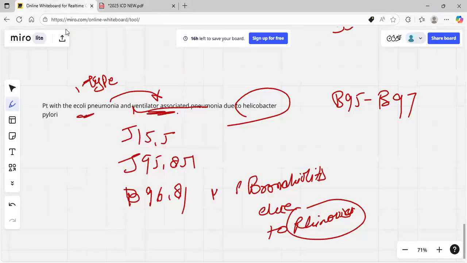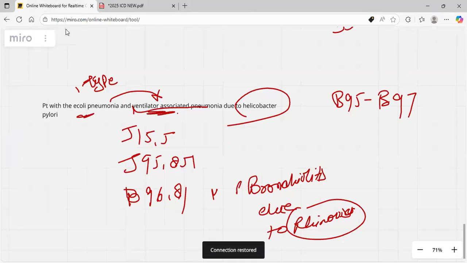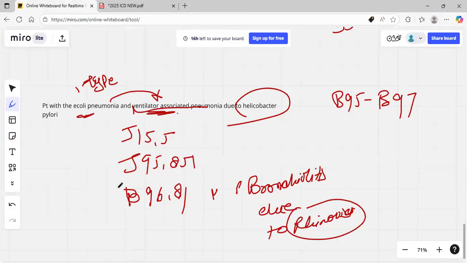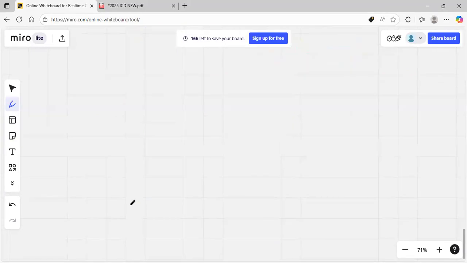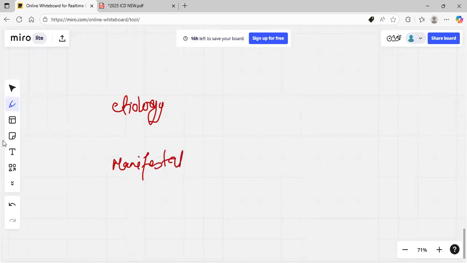So let's say we have a particular condition: etiology followed by the manifestation.